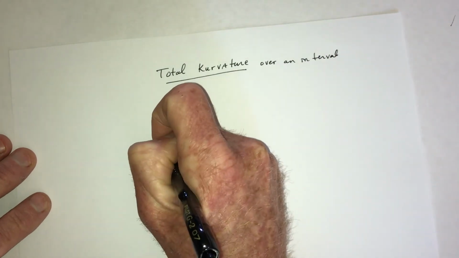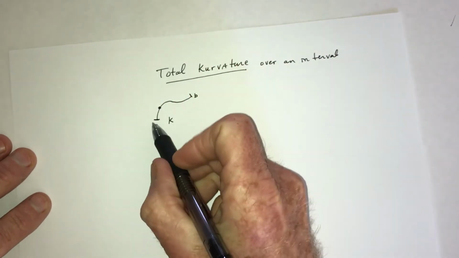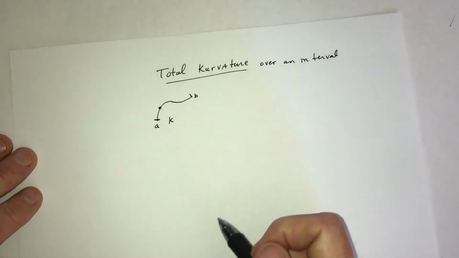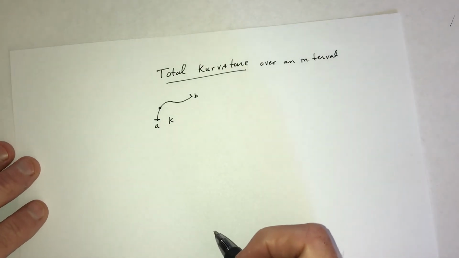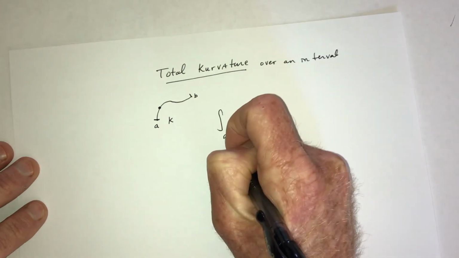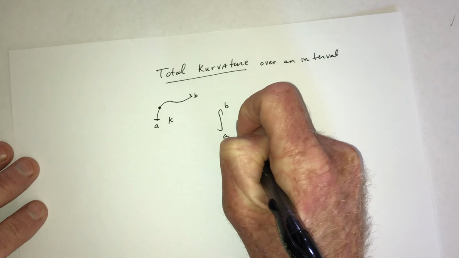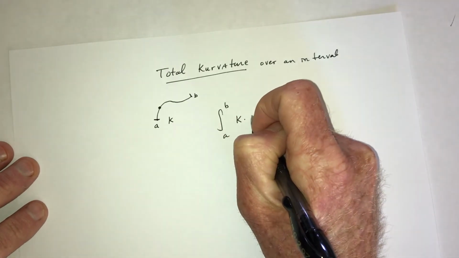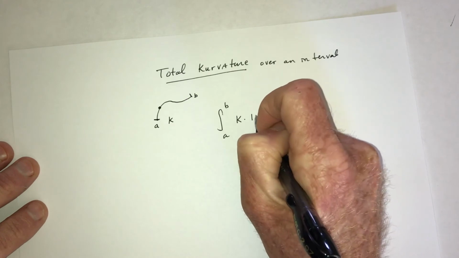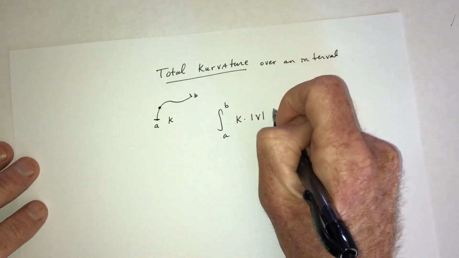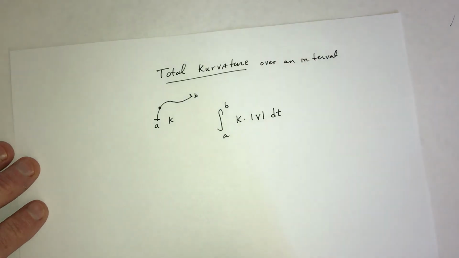You would need to go from point A to point B. And as I drove from point A to point B, you add up all the curviness. And then how much is that going to be? So the general formula is that you integrate from A to B, and then you would have the curvature. And this would be times the length of the velocity vector, or r prime, and then dt.